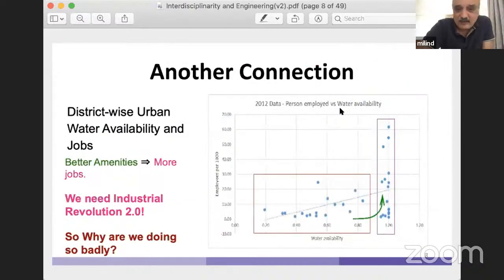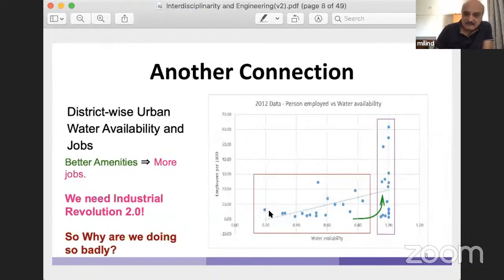But the second connection is also quite important. If you look at the number of jobs, what I've done here is plotted on the x-axis the water availability in the cities of that district. By the way, every spot here is a district. For example, this is Aurangabad, this is Thane, this is Ratnagiri, and so on. On the y-axis, I have plotted the number of formal jobs with salary per thousand.